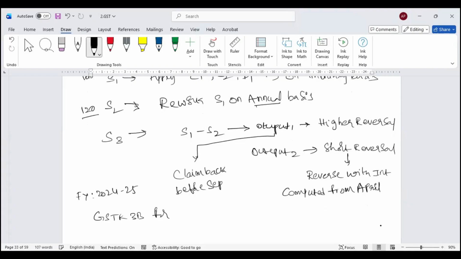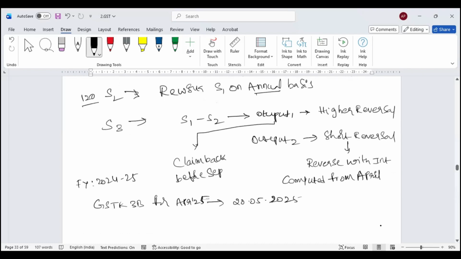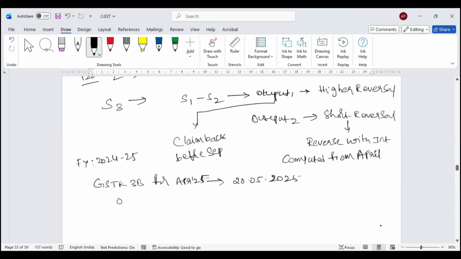This excess, whatever to be reversed, 3B for April 25, I would be filing my April 25 return. I'll file on 20th May 2025. So the government says that from 1st April 2025 till 20th May 2025, whatever gap is there, for this gap, pay interest.